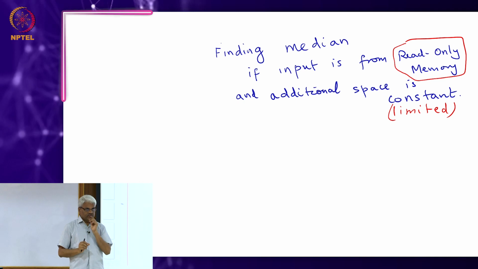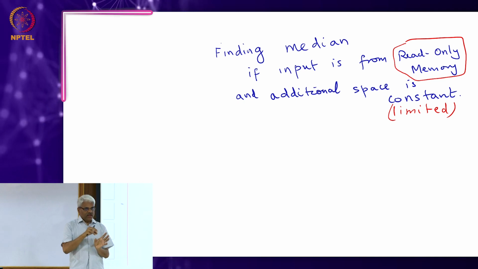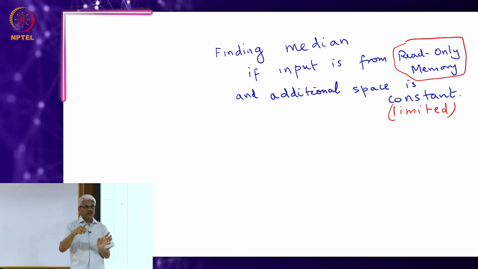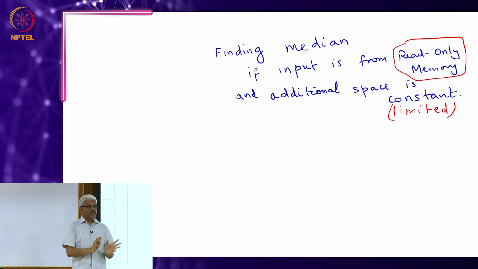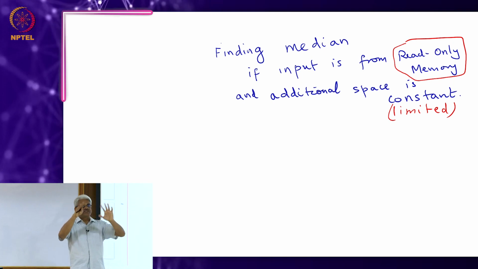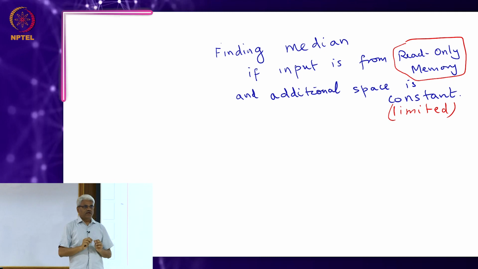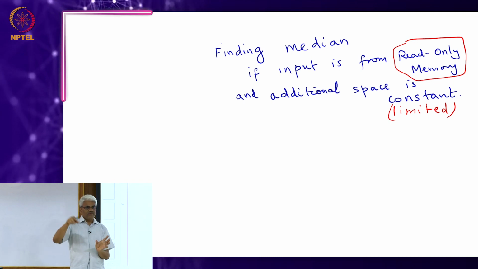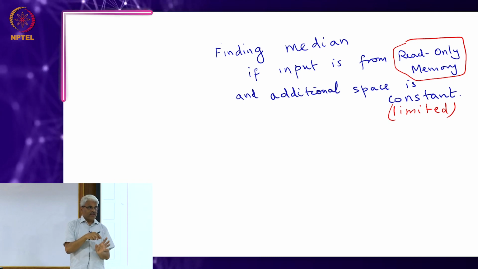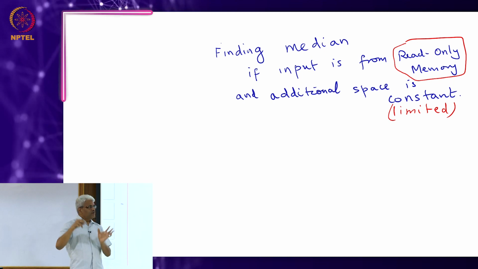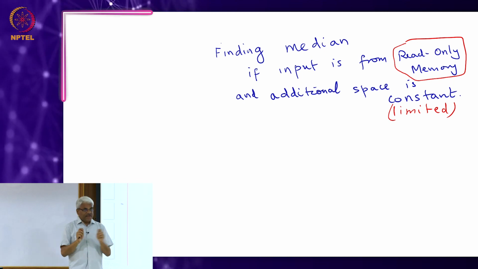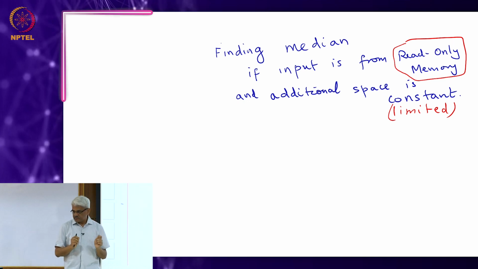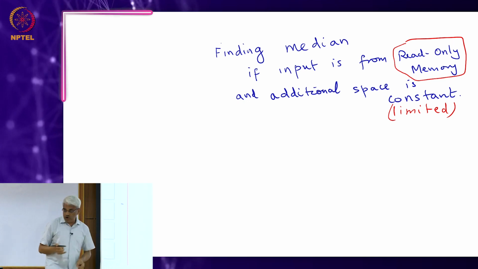Remember that the k smallest we remembered, and thankfully the whole thing works in read-only memory. We didn't touch or modify anything about the input, but we stored some k elements, and when a new element comes we made modifications in my additional space, which is fine. But it uses k space.